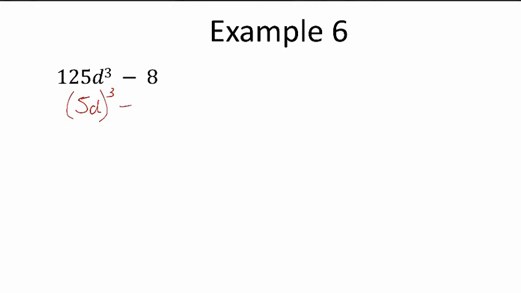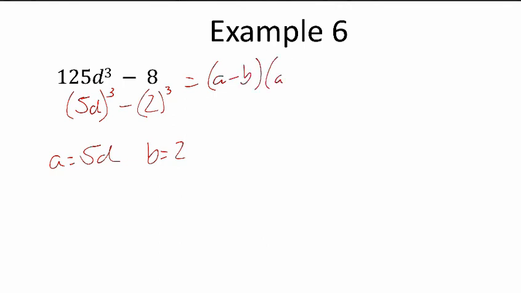Then the 8 we can write as minus 2 cubed. So if it helps you put this into perspective, it's like our a value is 5d, and then our b value is 2. So following along with the pattern we had, it was a minus b times a squared plus ab plus b squared.